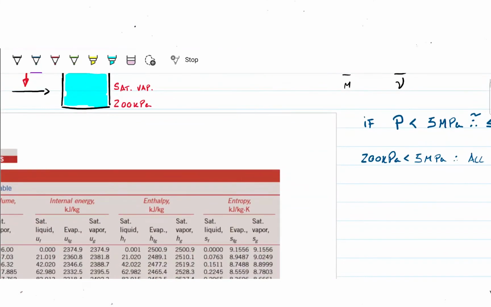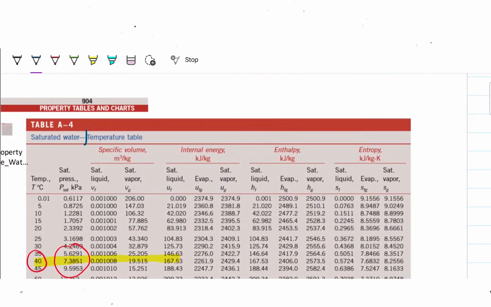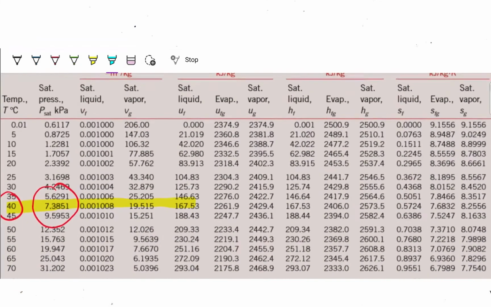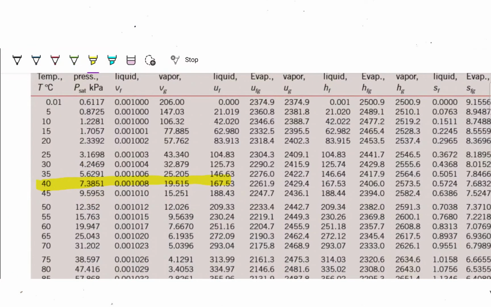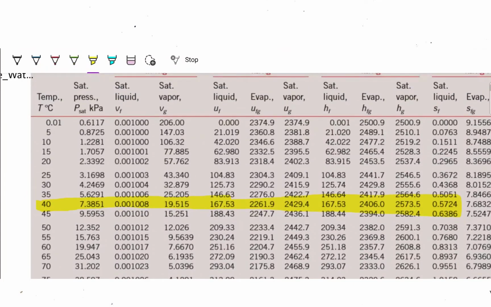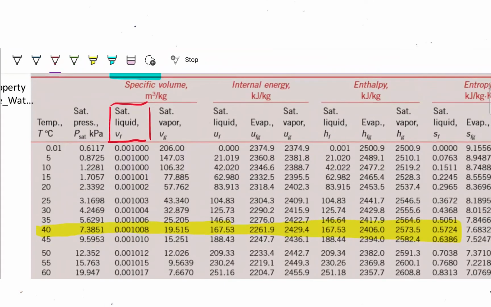I'm always going to use the temperature table, because I can minimize the error. So whenever I'm approximating to saturated liquid, I'm aiming for the temperature table. I'm going to say that this row that I highlighted, this yellow row here, contains the information for my state 1. All the ones that are talking about saturated liquid. So this guy here is approximately my specific volume.